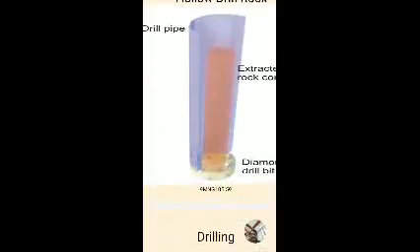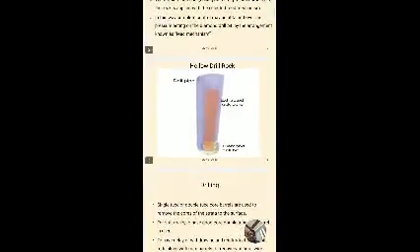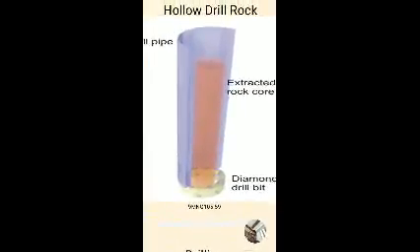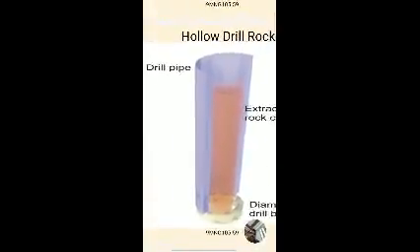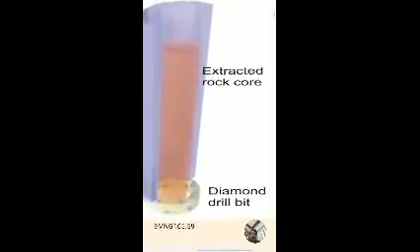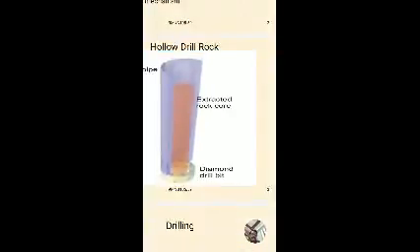Like this, in the picture you are seeing, this is the diamond drill bit, this is the drill pipe or drill rod, hollow drill rod, this is the extracted core.